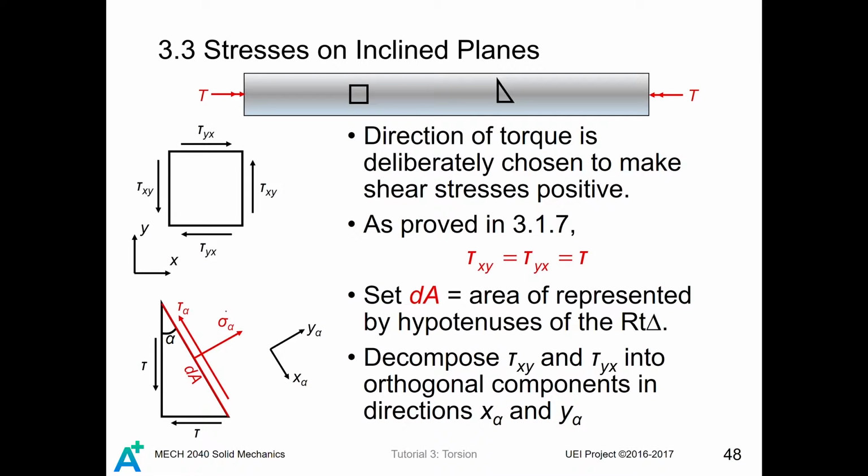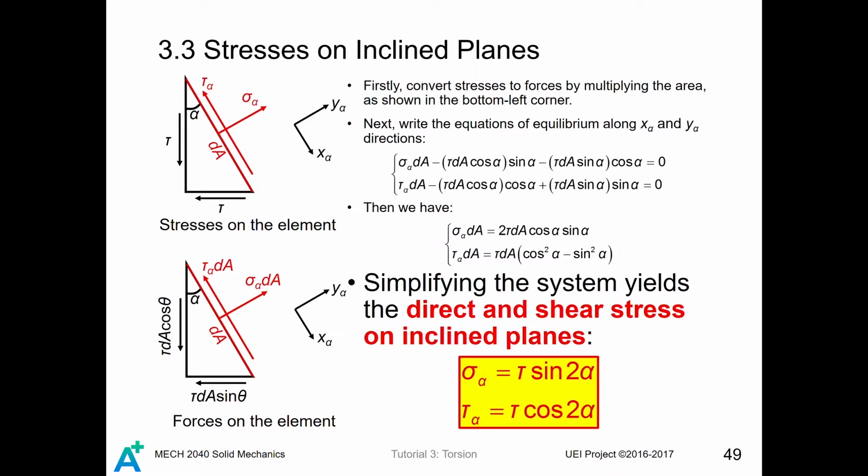Therefore, we can derive the direct stress and the shear stress acting on this inclined plane by using this triangular wedge. Next, we decompose tau xy and tau yx in the direction of x alpha and y alpha. Now we do the static equilibrium of this triangular wedge stress element.